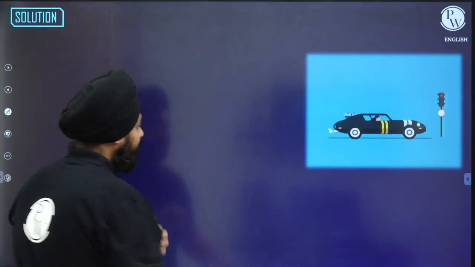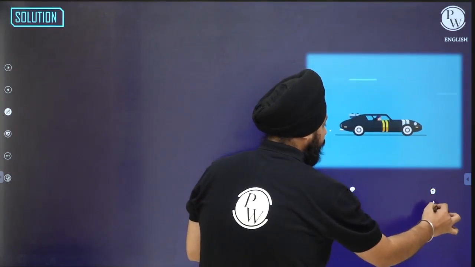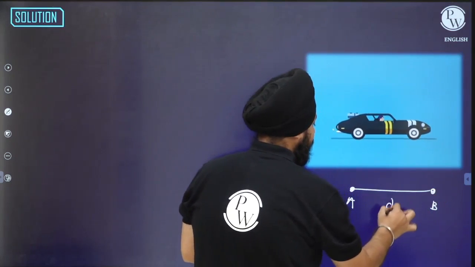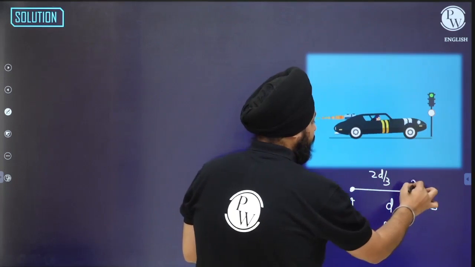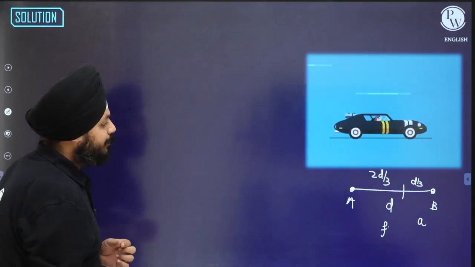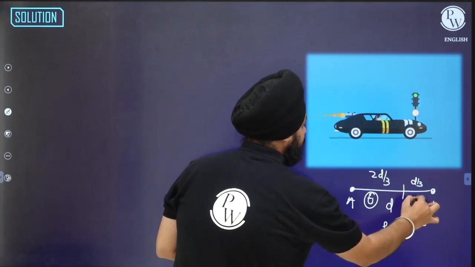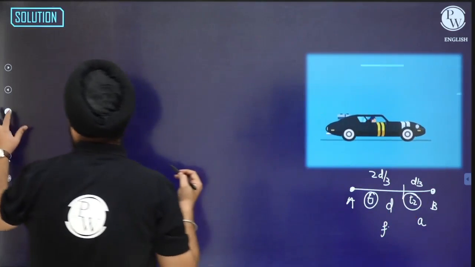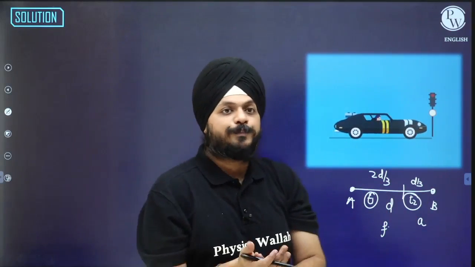I am plotting this again. This is point A, this is point B. This distance is d; for 2d by 3 it is moving with acceleration f, for the rest d by 3 it is moving with acceleration a. For the first part the time is T1, and for the next part the time is T2.